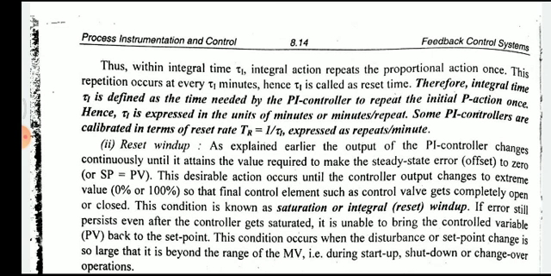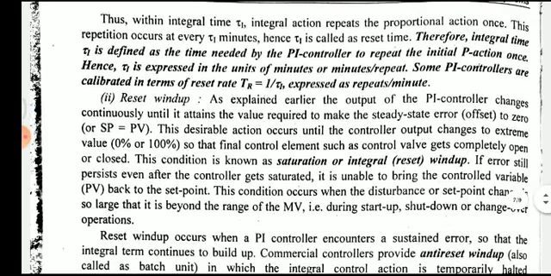It is repeated every tau 1, and here tau 1 is called the reset time. Once one control signal is applied, then after tau 1 time, which is the reset time, it is again sent as a signal to the PI controller.